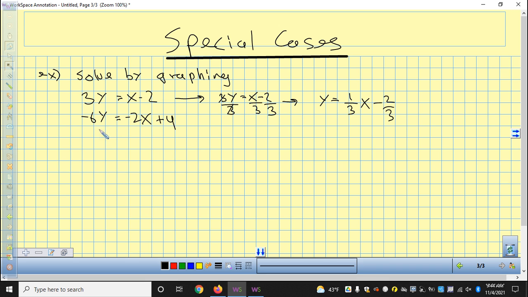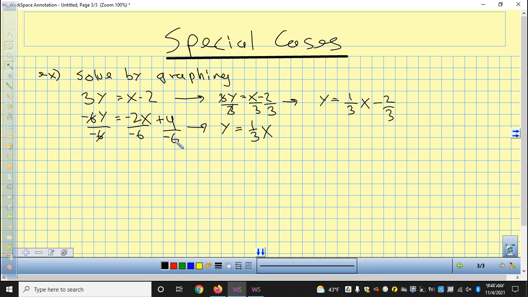For the second equation, to get y by itself, I'm going to divide everything by negative 6. And when I do that, these negative 6's cancel out, and I get y equals negative 2 over negative 6. I can reduce that fraction, divide everything by negative 2, and I get 1/3 x.